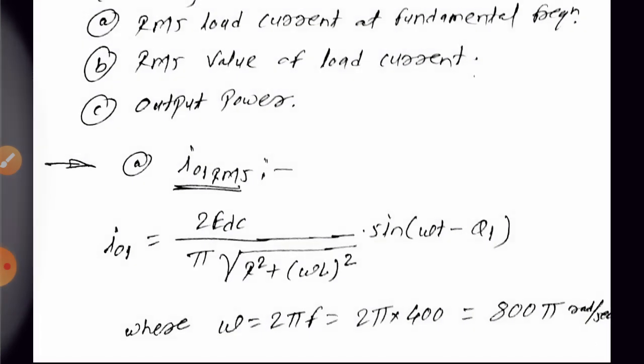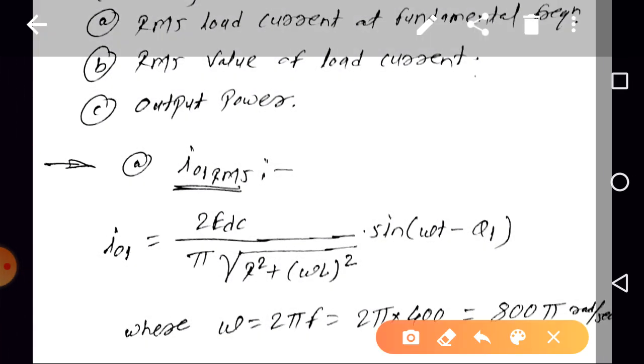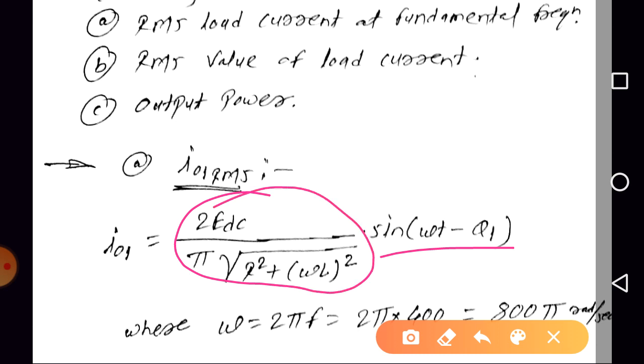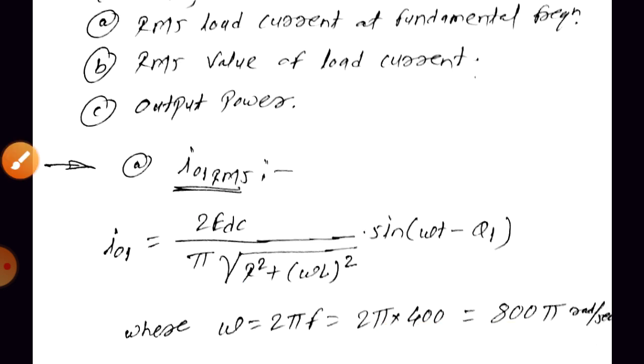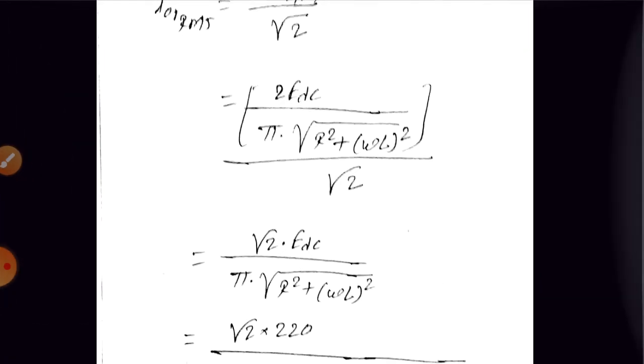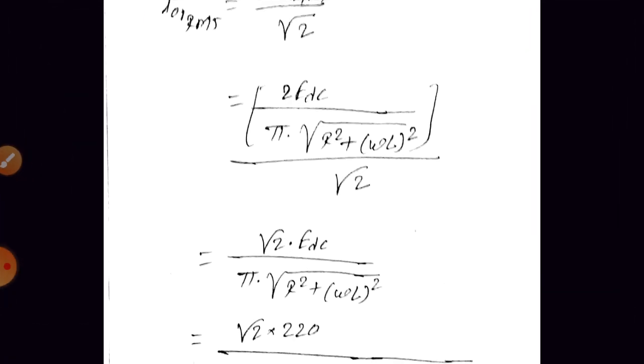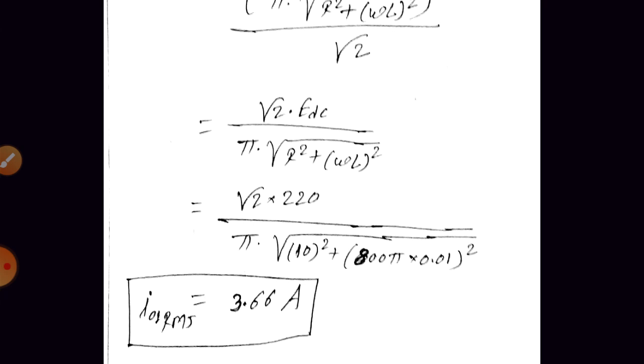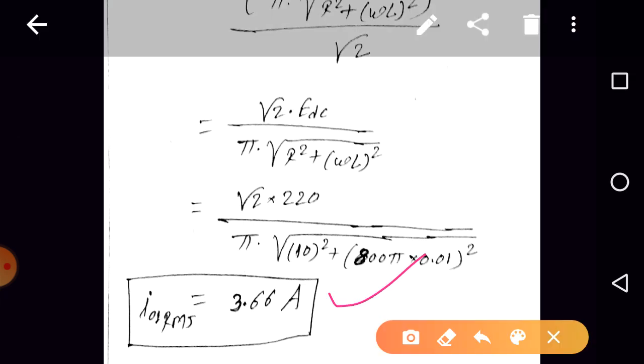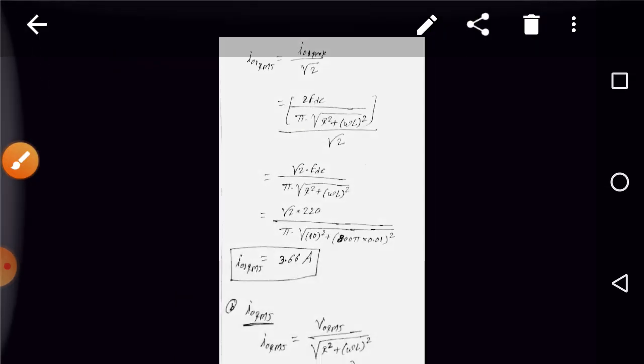It is the fundamental current, a sinusoidal term, so that is a peak value, and peak value divided by root 2 is nothing but the RMS value. So we divide the R square plus omega L bracket square term by root 2. That's why it is 3.66 after calculation.